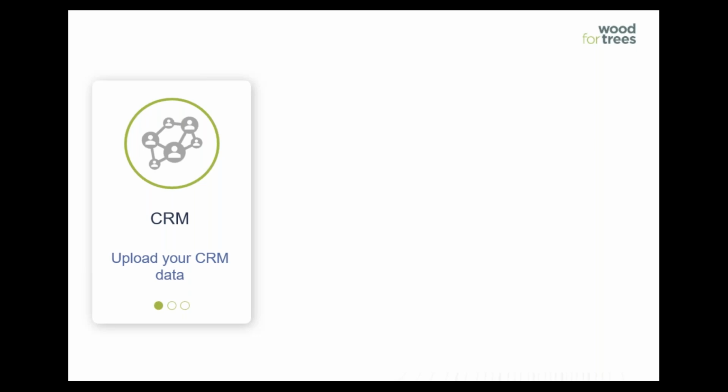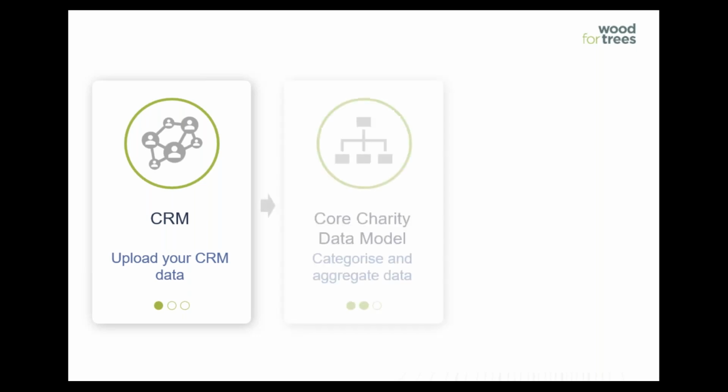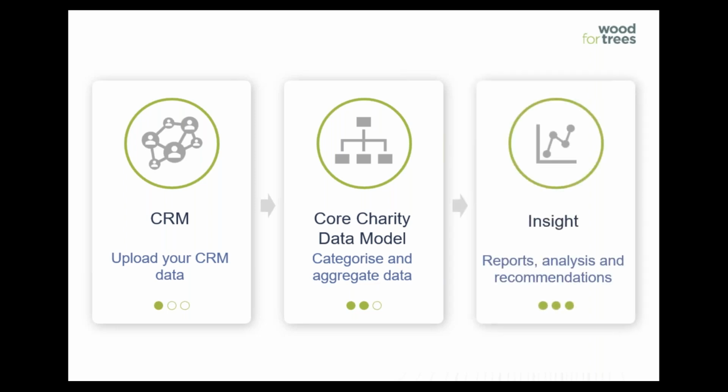In essence, we take the data from your CRM systems, either through a direct extraction or file loads provided. We run this data through a series of transformations to categorize and aggregate it into our core charity data model. And then we extract valuable insights from this transformed data and render them to you via an online portal, enabling you to share these insights across your whole organization at any time.